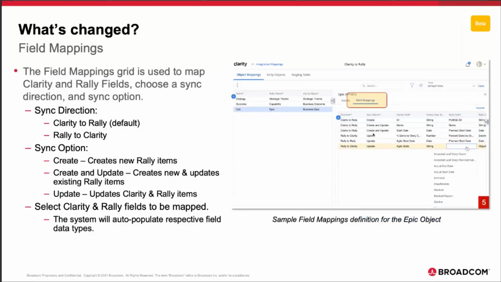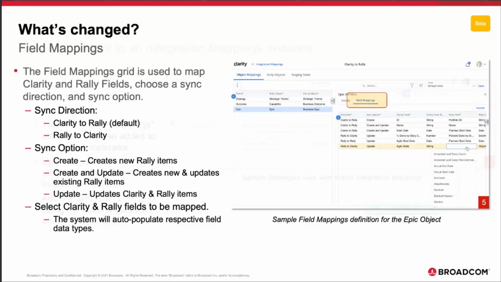So if it's going Clarity to Rally on the sync, if that item doesn't exist in Rally, it will create it. Update is it's going back and forth, whoever the source is, depending on the direction you're choosing. And then on Clarity, the create and update means, hey, if it doesn't exist, create it. If it's already there, then just do the updates if there's a change on the Clarity side.